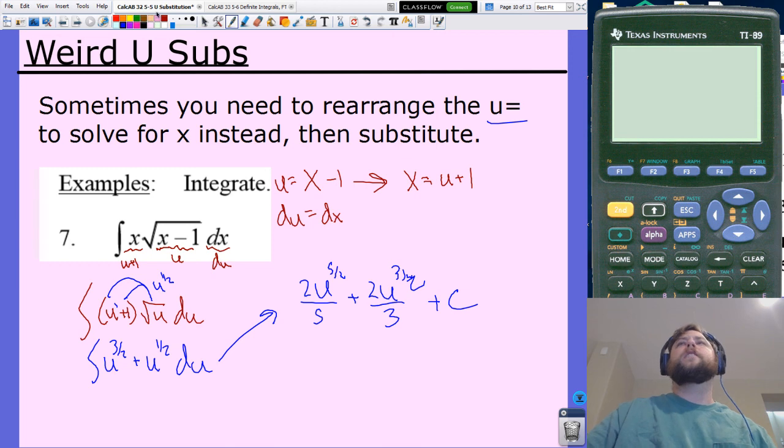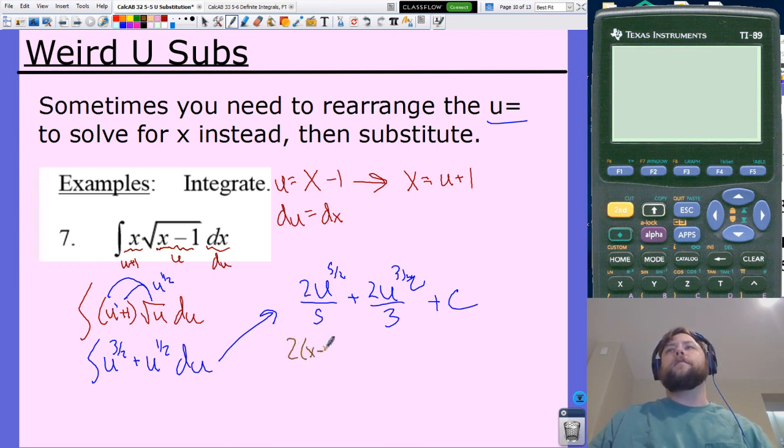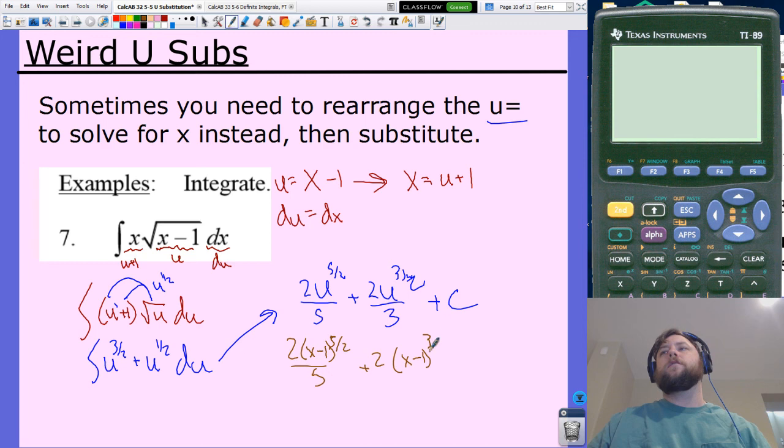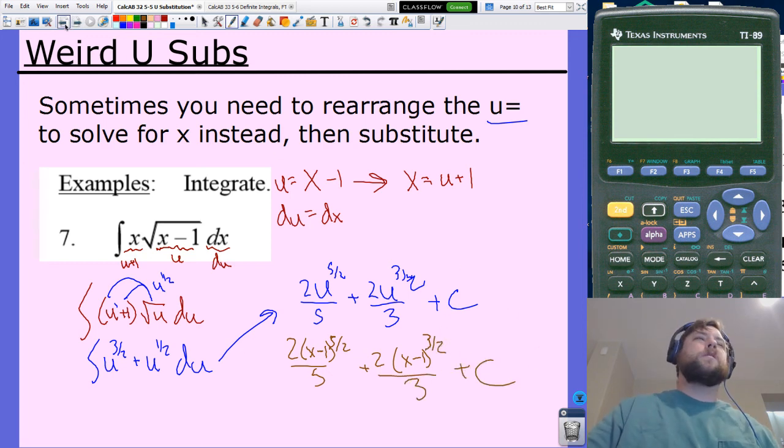And sub in the u, going back to the very beginning. So it'll be 2 times (x minus 1) to the 5/2 over 5 plus 2 times (x minus 1) to the 3/2 over 3 plus c. So that's the weird one. It doesn't happen too much. All right, that's it.